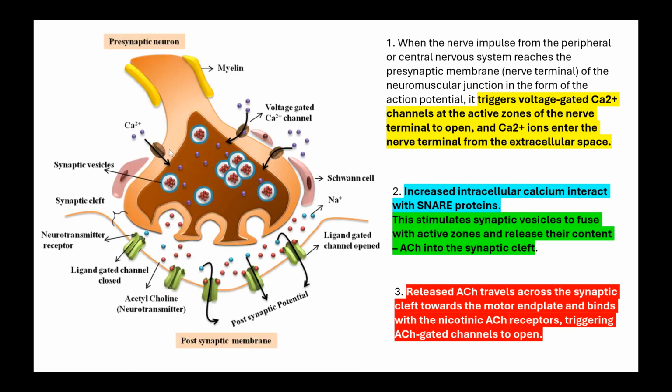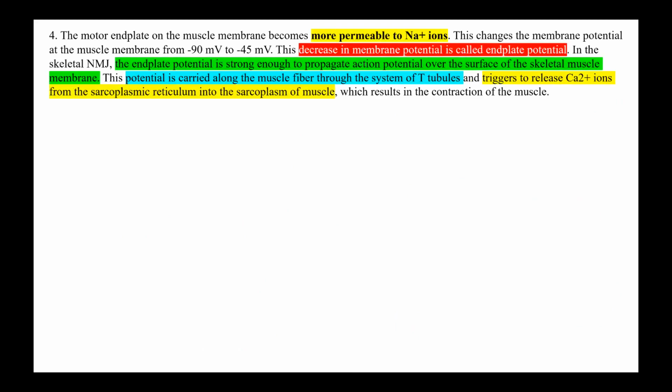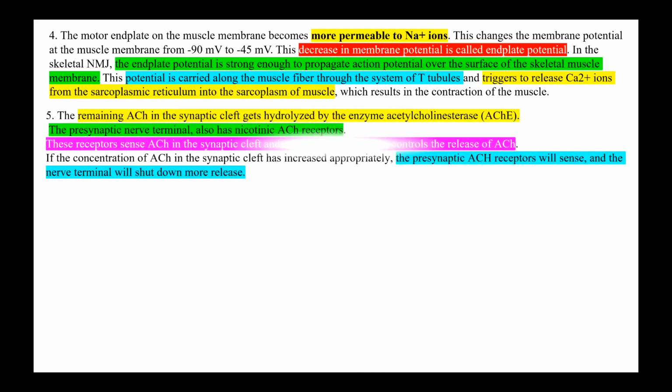So the same thing is given in a larger perspective. Once the acetylcholine receptors have been occupied, it allows sodium ions to enter and potassium ions to go out. So there is a change in the negative potential. From minus 90 millivolts it comes to minus 45, and then it shoots up even to the positive side.